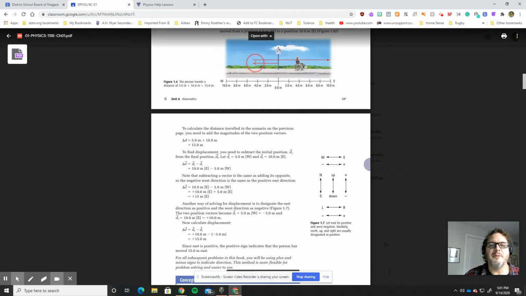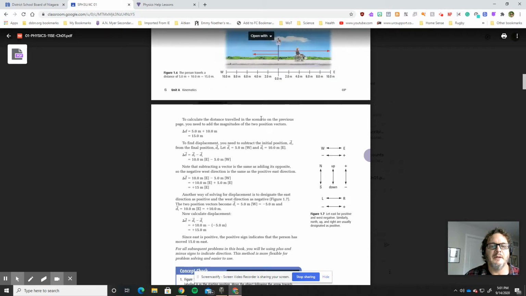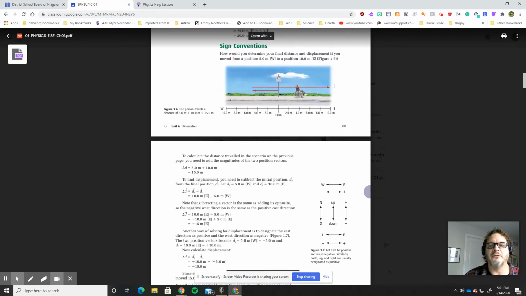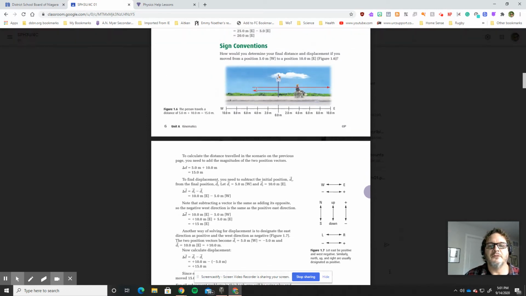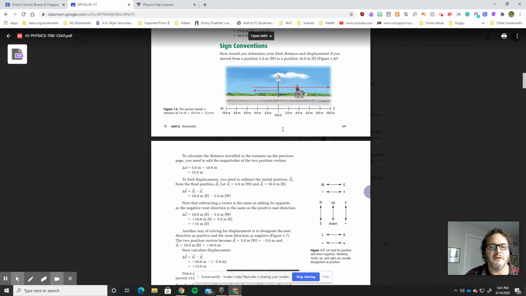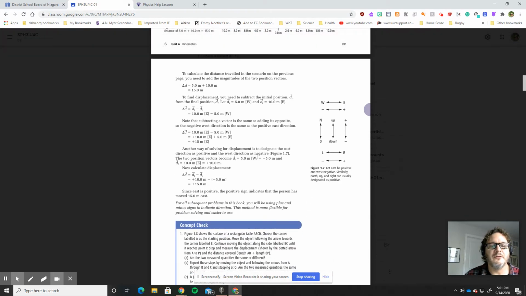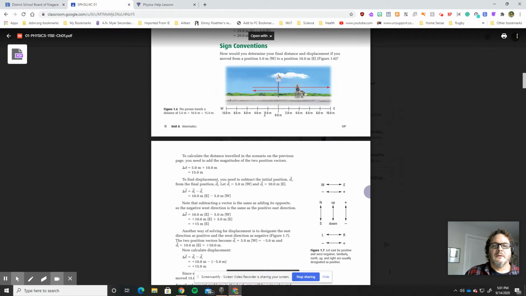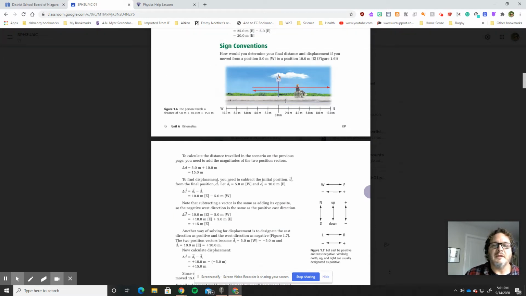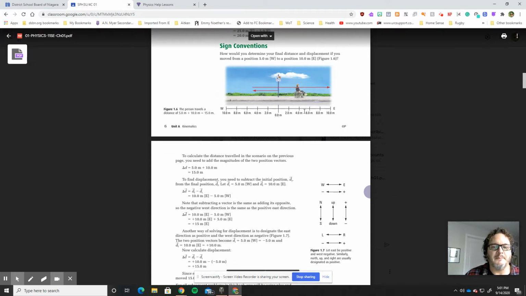So there's a 5 meter west vector, and this vector is 10 meters east. And when you add them, we went 15 meters east. So the net displacement here would be 10 meters to the east. The total distance is 5 plus 15, which is 20.